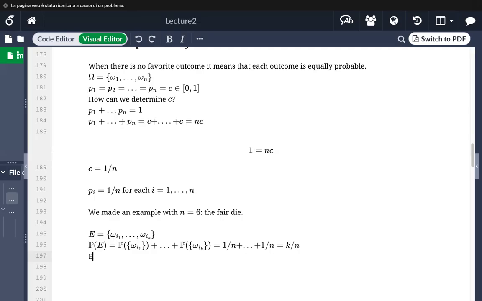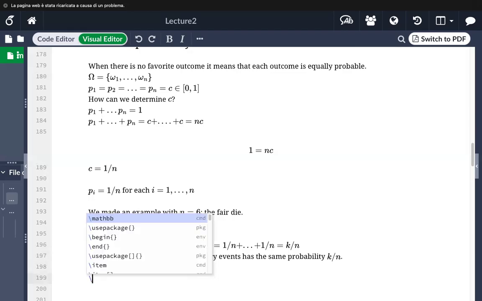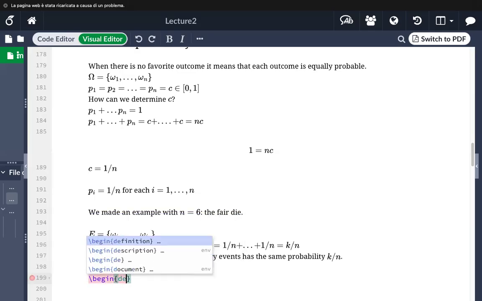In practice, each event that has k elementary events contains k elementary events, and each has the same probability, which is k divided by n. So in other words, this is called uniform probability. So let me put it into a definition.